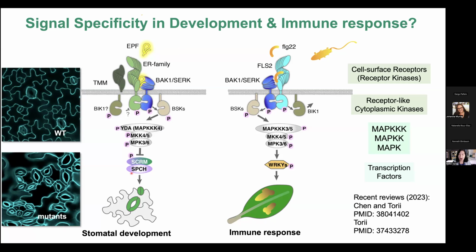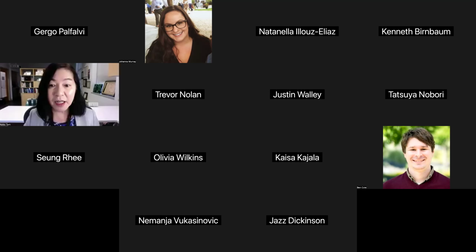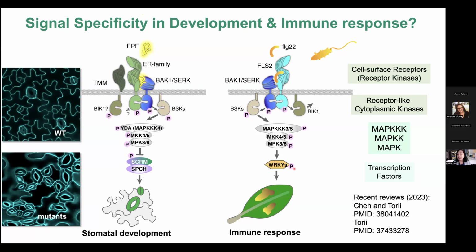Of course, the output, the downstream transcription factors, are different. But the receptor partners and the immediate next component, the MAP kinase cascade, are completely shared. So this raises the question, historically and still, of what makes the signal specificity between development and the immune pathway.